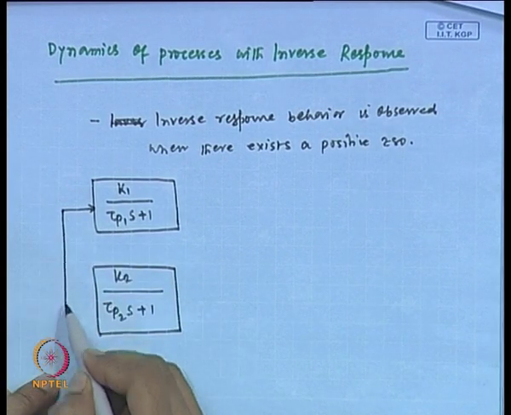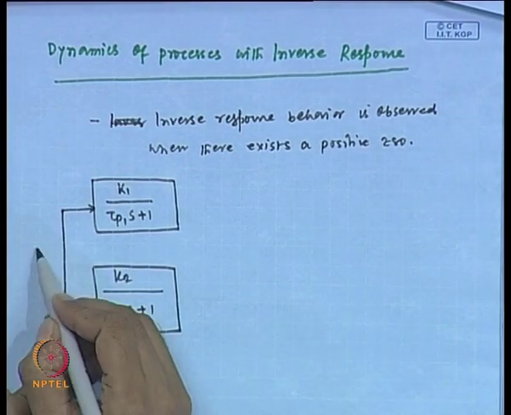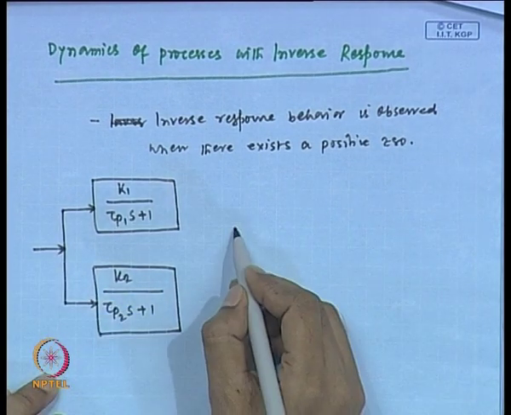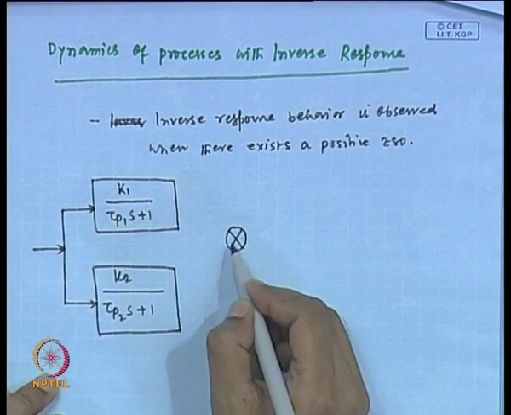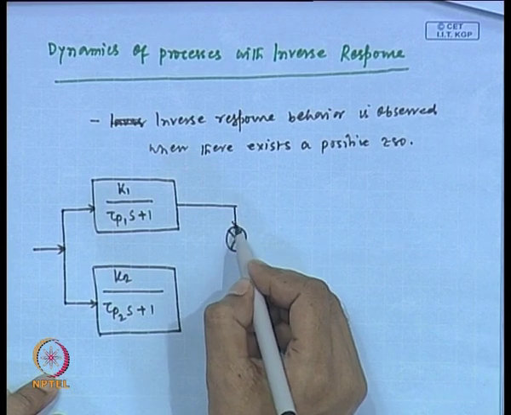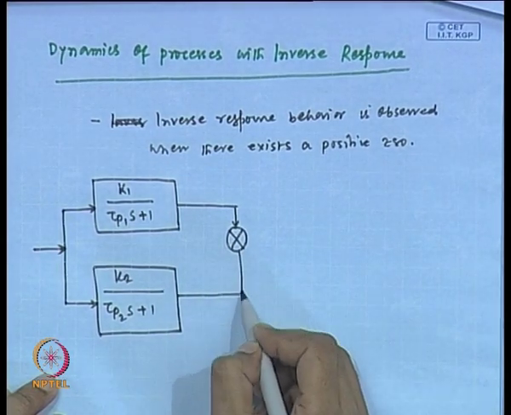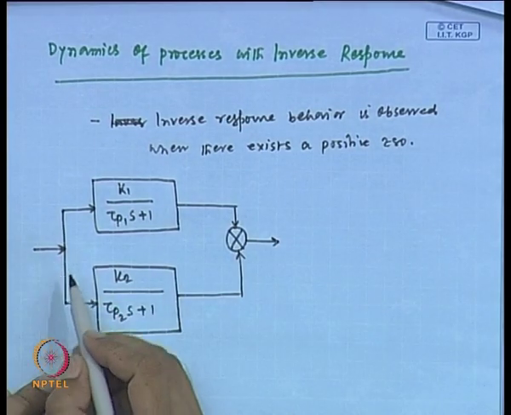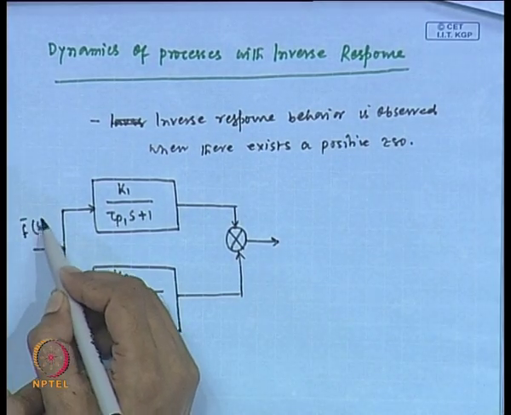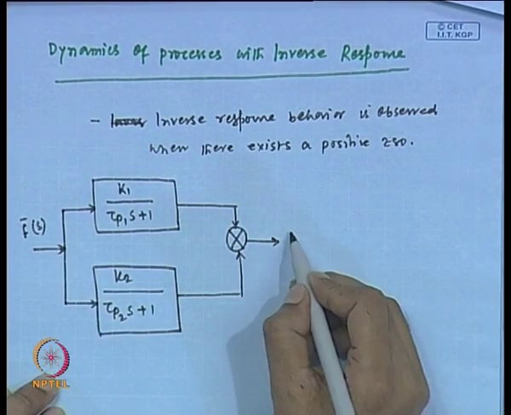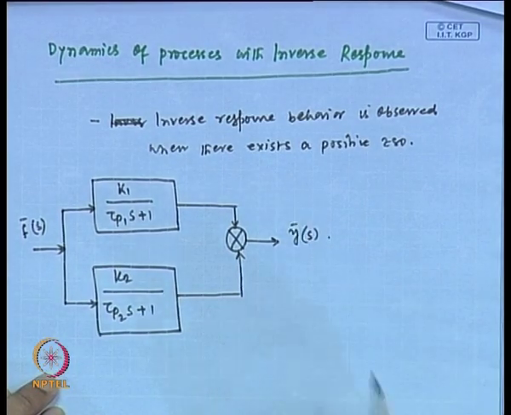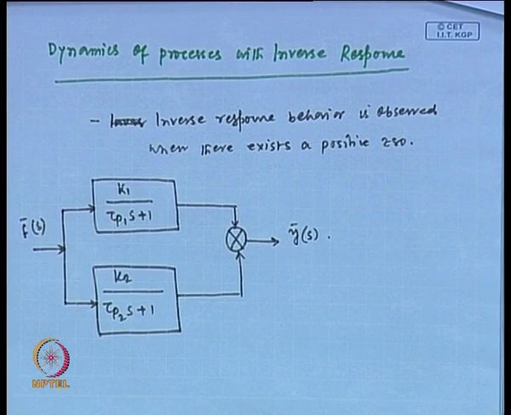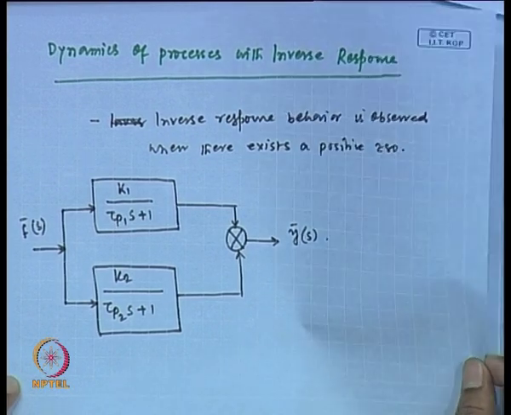The input to this process is f bar s and the output is y bar s. The two processes are acting in parallel.